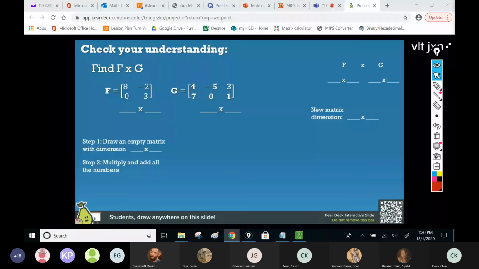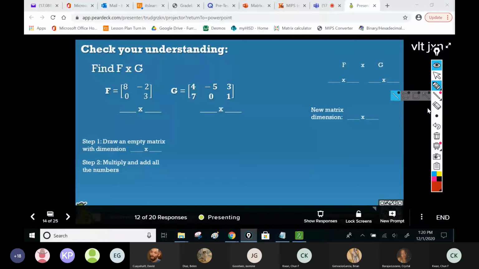I think you guys are struggling with how to draw the empty matrix. All right, so if you are struggling on how to draw the empty matrix, take a look at my screen.